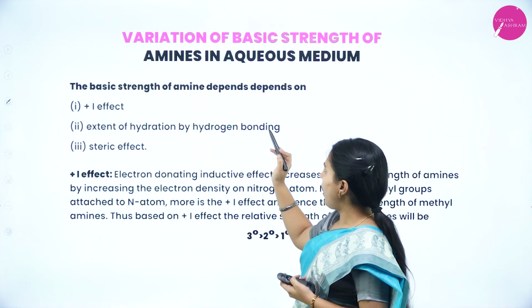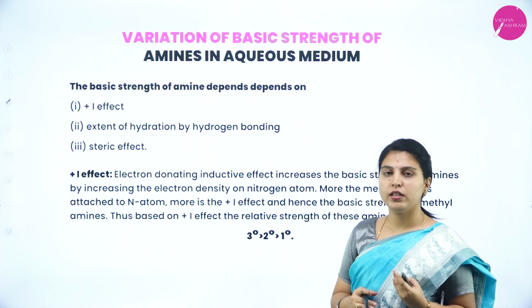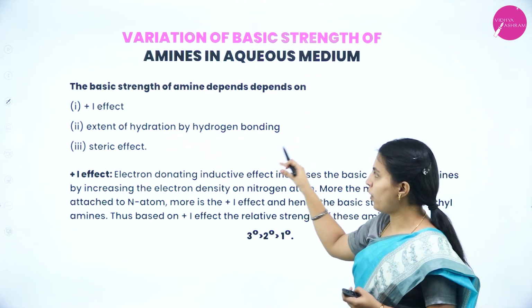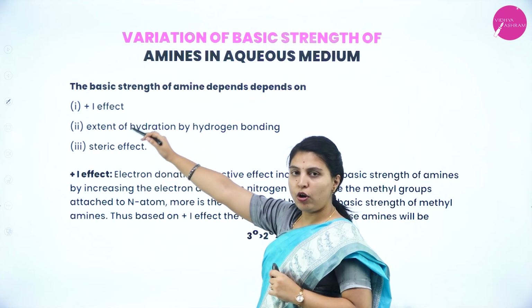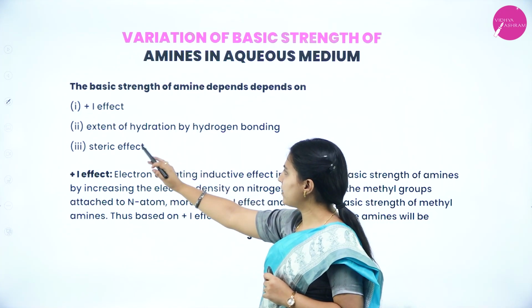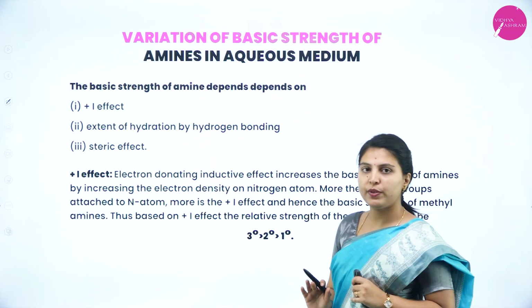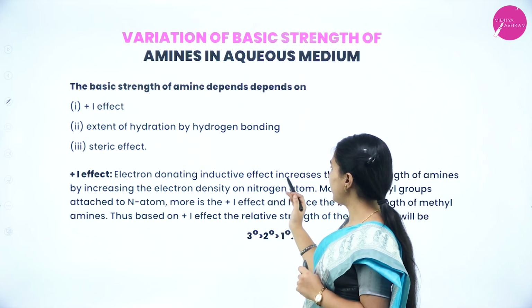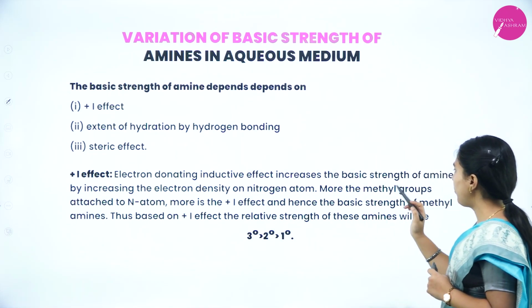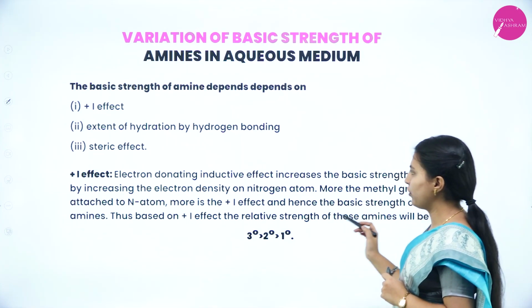The basic strength of amines depends on some characters: plus I effect or positive inductive effect, extent of hydration by hydrogen bonding, and steric effect. First we will see the plus I effect. Electron donating inductive effect increases the basic strength of amines by increasing the electron density on the nitrogen atom.